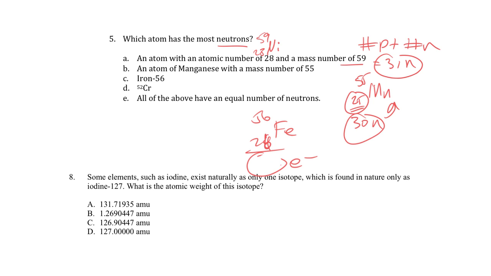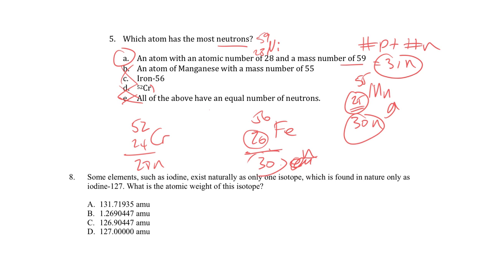So 56 minus 26. So I'm just looking at a periodic table, element number 26. So this is 30 neutrons. And then chromium 52, chromium is element number 24. 52 minus 24 is 28. So you have 28 neutrons. So they all don't have equal neutrons. D has the least. B and C have 30. A has 31, so A has the most.